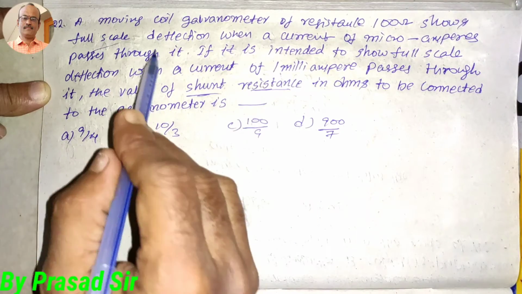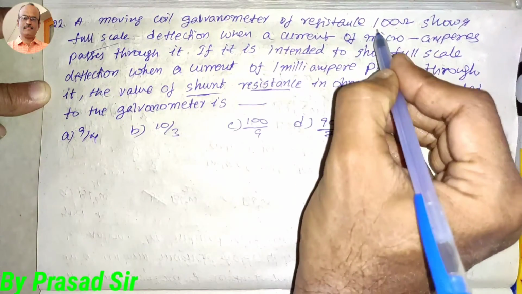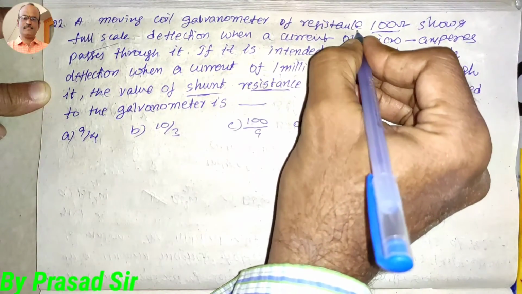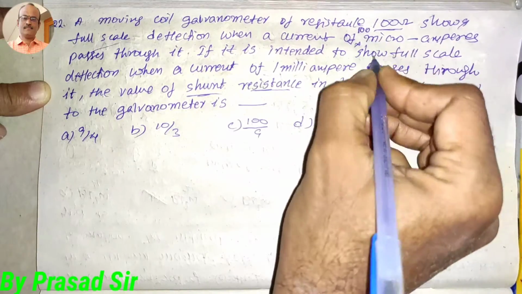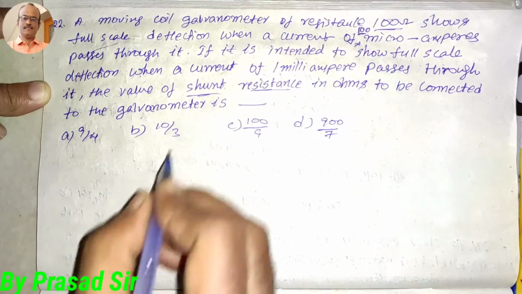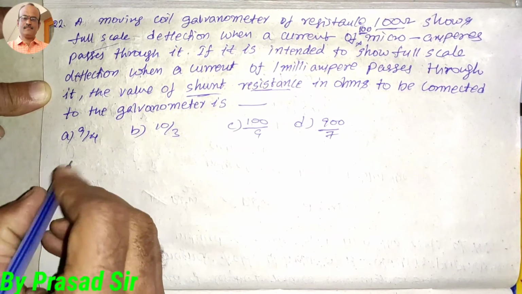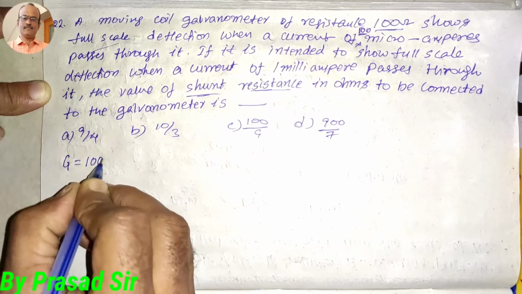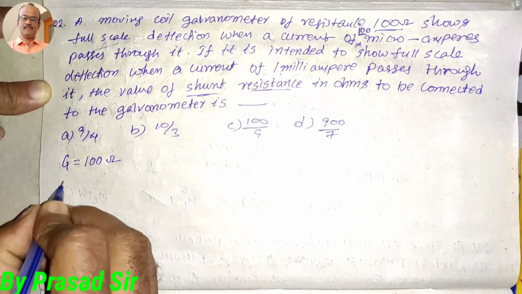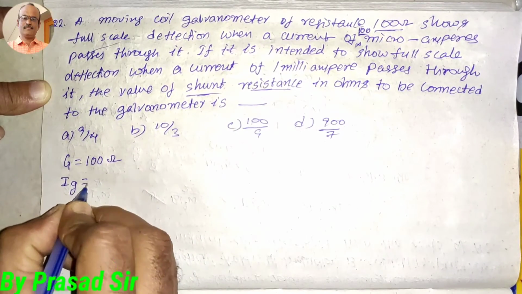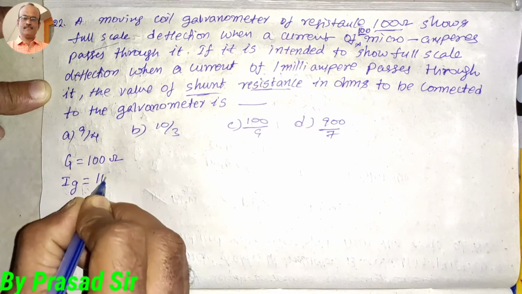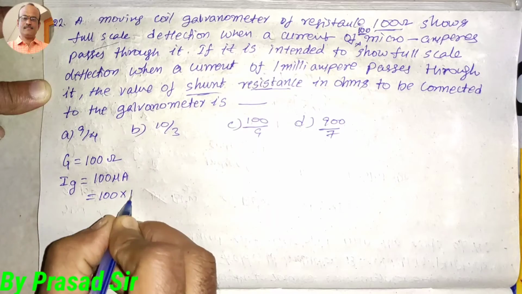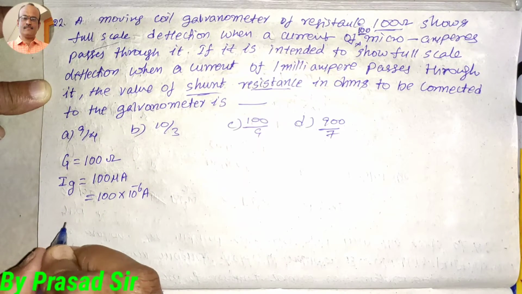So the moving coil galvanometer of resistance 100 ohms shows full deflection when a current of 100 microamperes passes. So the resistance of galvanometer G is equal to 100 ohms, and the current through the galvanometer Ig is equal to 100 microamperes, that is 100 into 10 to the power of minus 6 amperes.